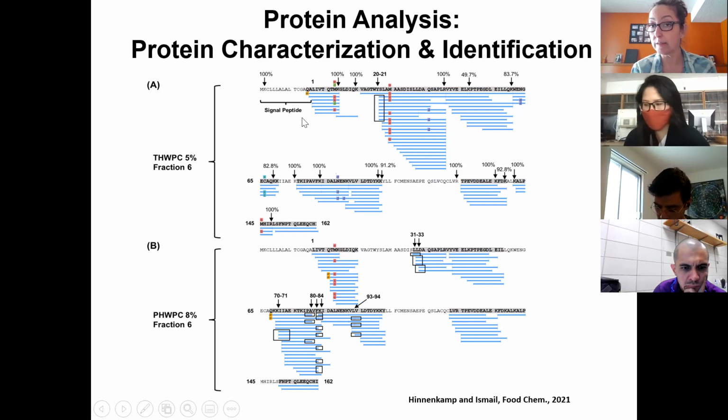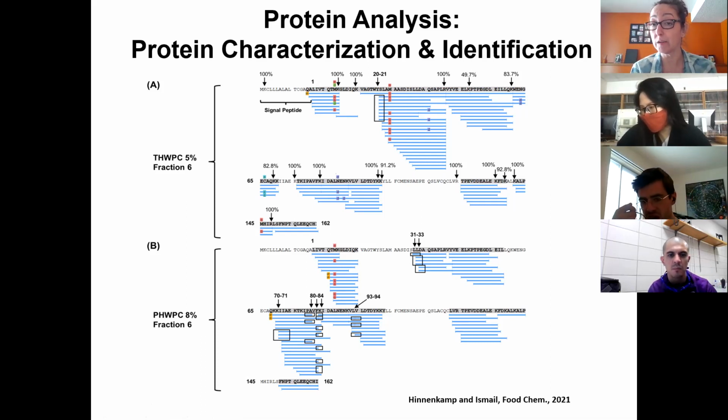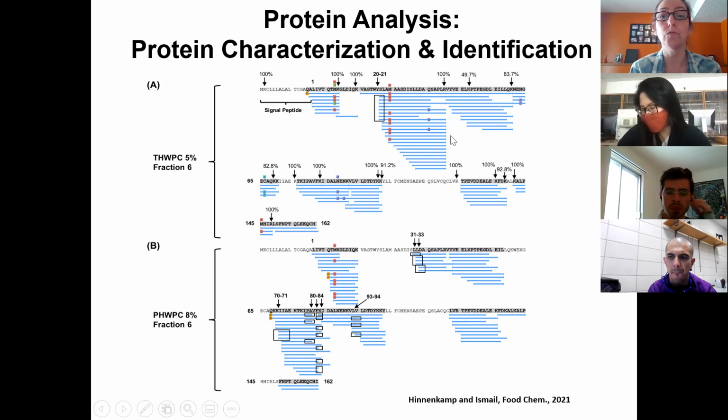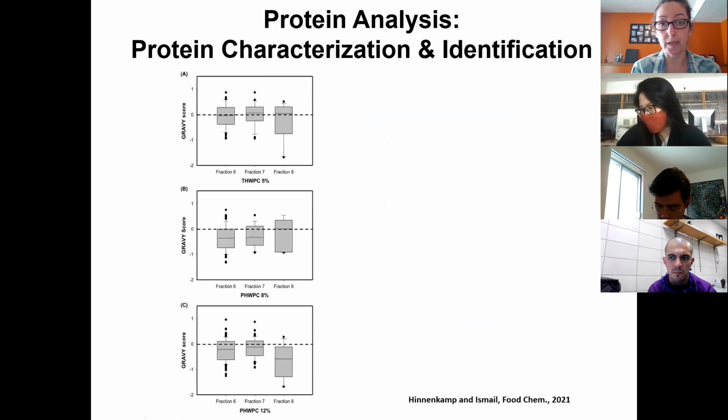So the computer has the sequence, and we were able to analyze the peptides in select fractions we isolated by size exclusion chromatography, and find out where these peptides are coming from in the original sequence. It's a pretty cool and powerful technique.